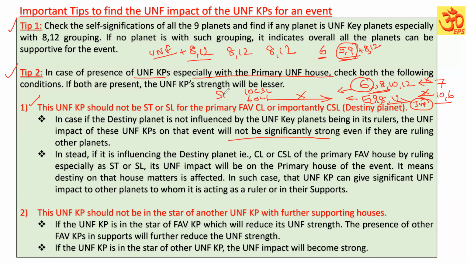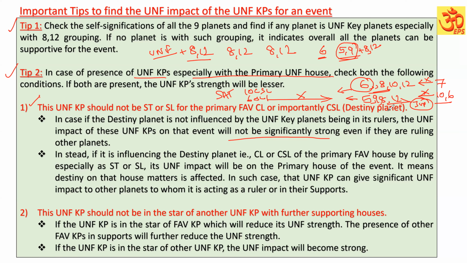Suppose the 10th sublord planet is Saturn. Saturn is not in the star of Jupiter or sub of Jupiter, or at the star lord of the star lord or star lord of the sublord level also not ruled by Jupiter. If it is star lord of the star lord or star lord of the sublord, that impact is going to be less. If directly as the star lord, impact is going to be more, and also as sublord, it's going to be unfavorable impact. If that Saturn is not having the Jupiter in its ruler, destiny is not becoming weaker.